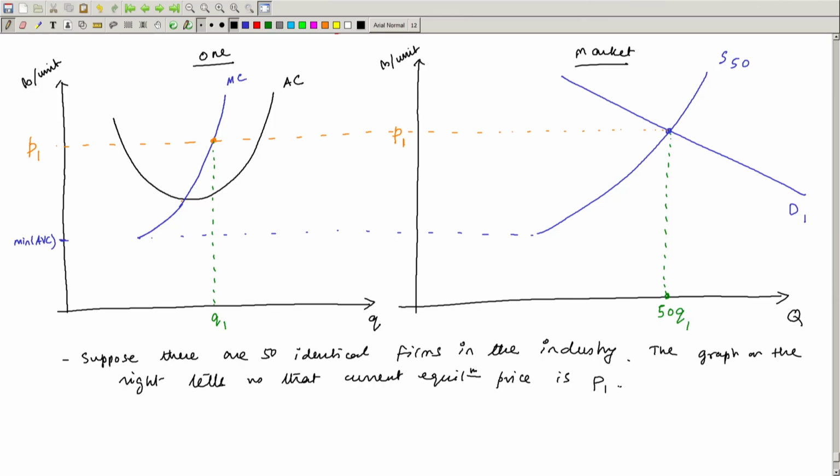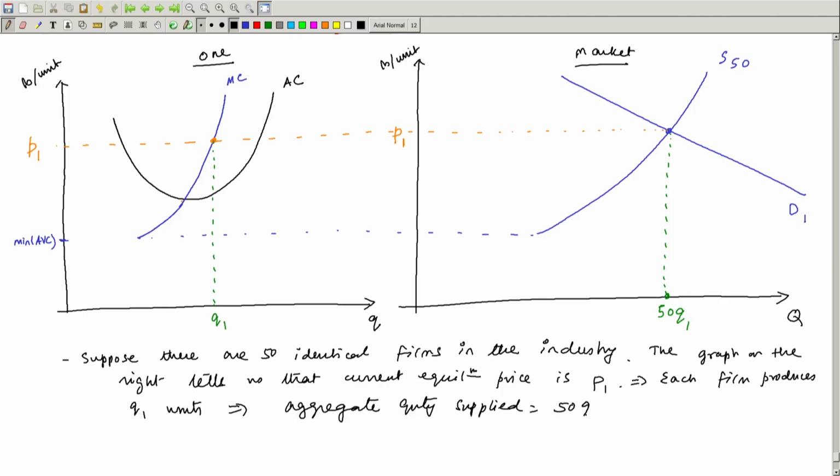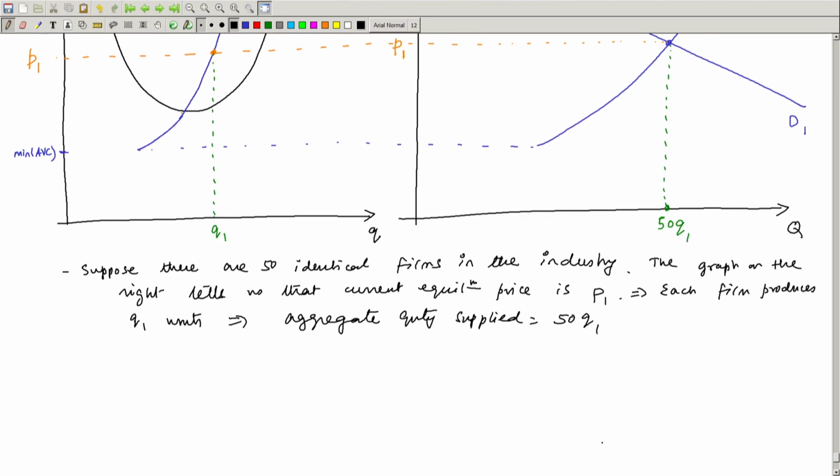Each of these firms is taking this price P1 as given, and at this price P1, these firms are going to determine what quantity they want to produce, and the quantity that they want to produce is Q1. Each firm produces Q1 units, which implies that the aggregate quantity supplied is equal to 50 times Q1, which is what I have on the graph on the right.